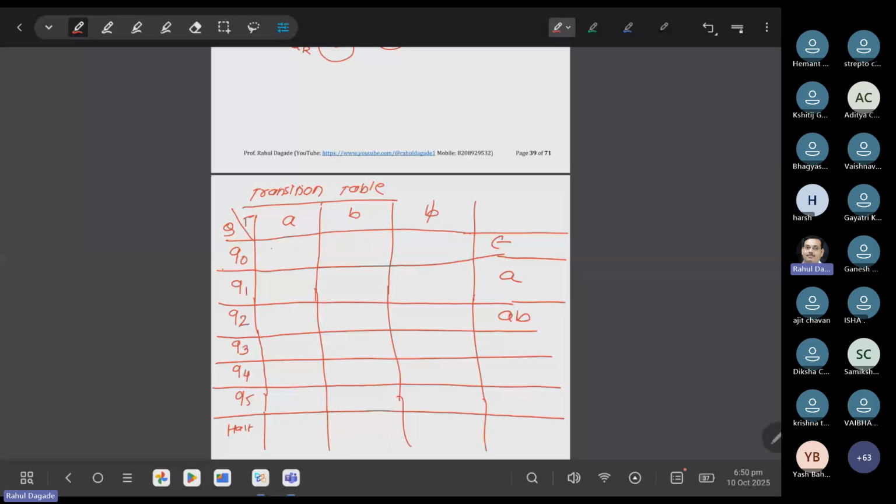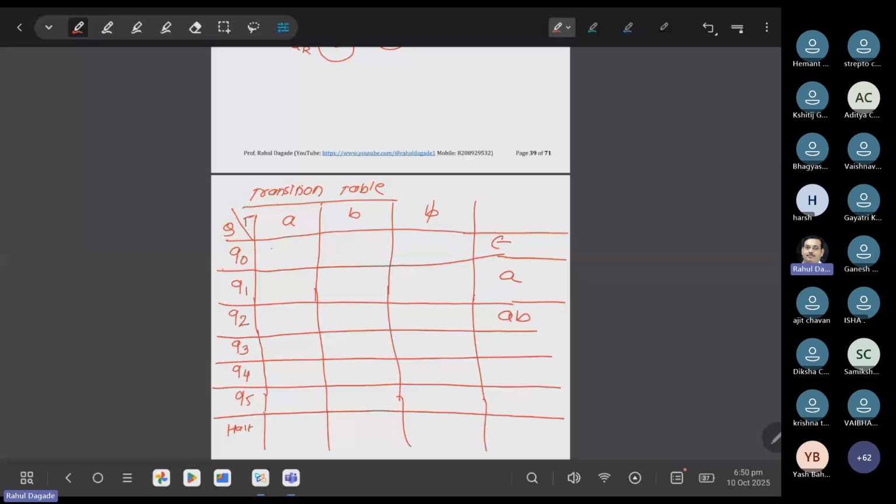So now here, what if in Q0 state I got B? Just remain in the same state, go to the right. And in Q0 state, if I get blank, then halt. No movement. In Q1 state, if I get A, I'll remain in the same state, go to the right.